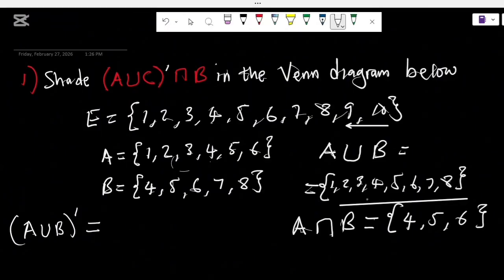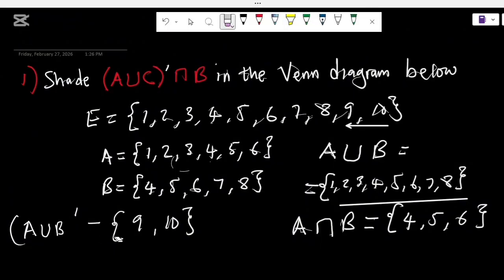And if that is the case, then you can clearly see that all these numbers here are not to be included when you're talking about A union B complement. So the only numbers that we are going to get are 9 and 10. So 9 and 10 form this complement, A union B complement, right?